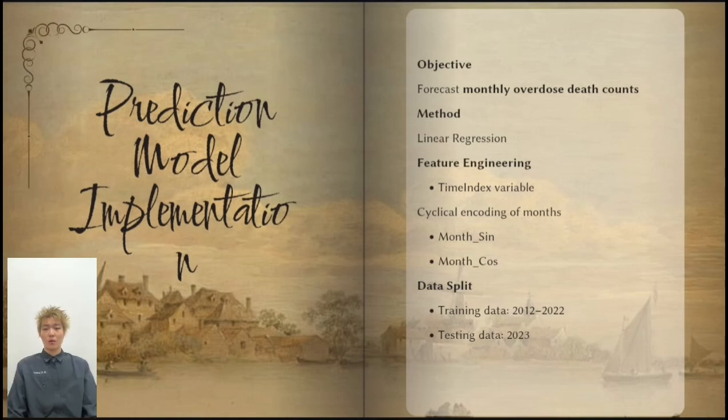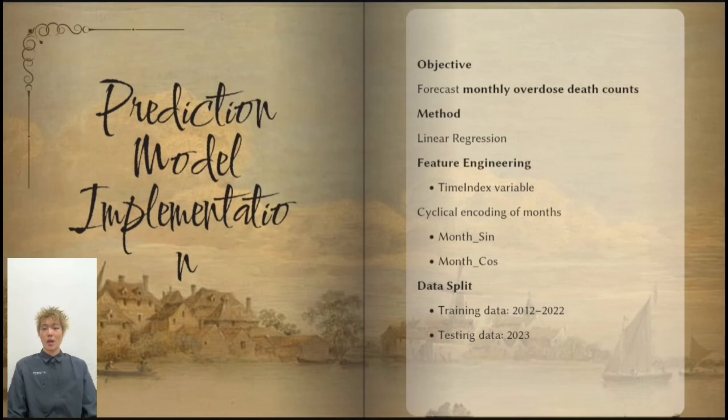Next, we created a new variable called the time index. The variable simply shows the order of time, starting from 0 and increasing every month. The time index helps the model learn the overall change in the data over time. Another important step was including the month variable.